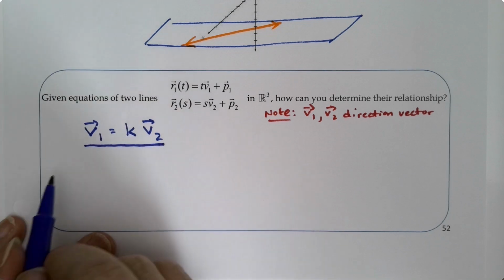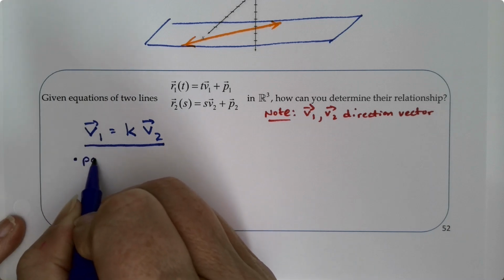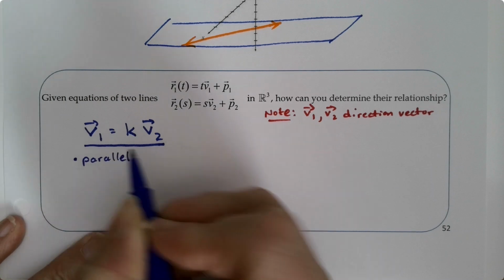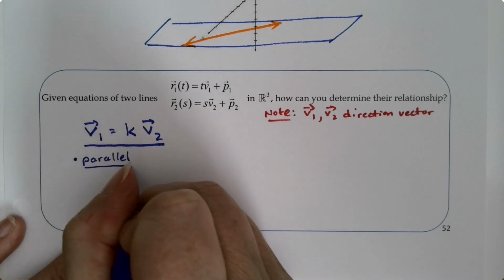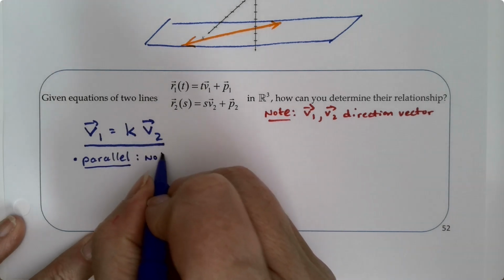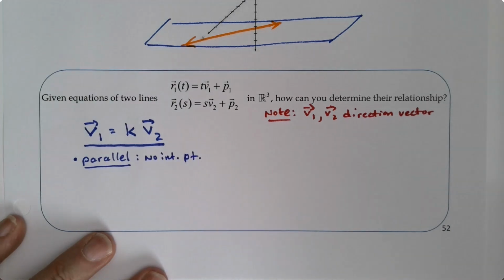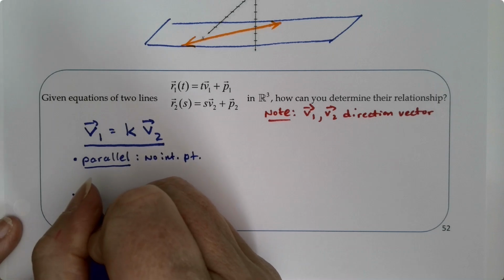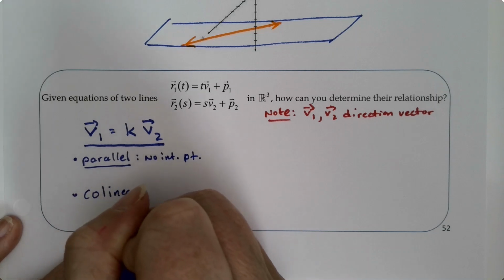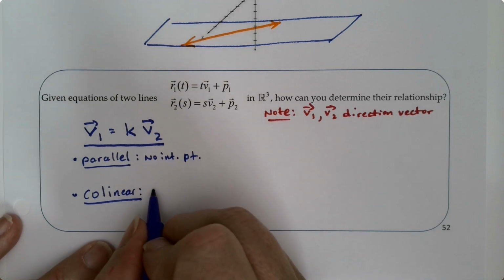Now, if that's the case, then there's 2 possibilities. The lines are parallel if there's no intersection point. They'll never meet. No intersection point. Or they're colinear, in which case there's infinitely many intersection points.